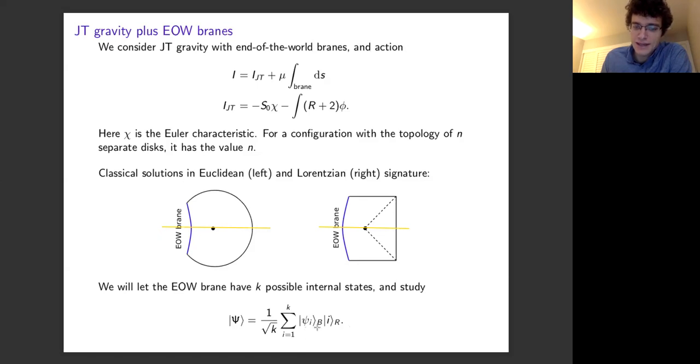So psi I subscript b means a state like this one here, where the end of the world brane is in state I, and the other term I subscript r is the state of the reference system that we've entangled it with. For the next few slides, we're going to be drawing Euclidean pictures. We're going to be thinking about this diagram on the left, and not so much the diagram on the right, but the state that we're interested in at t=0 can be accessed through either of them.